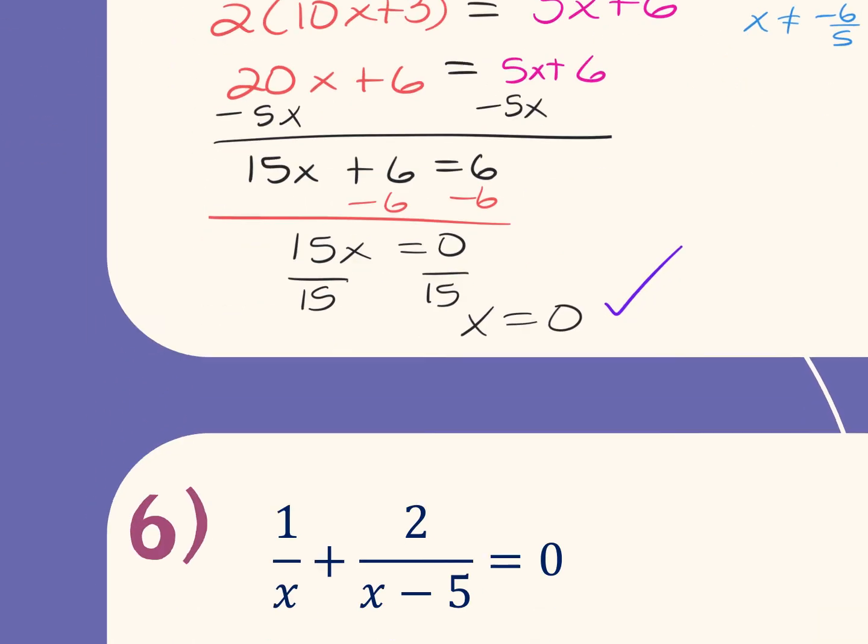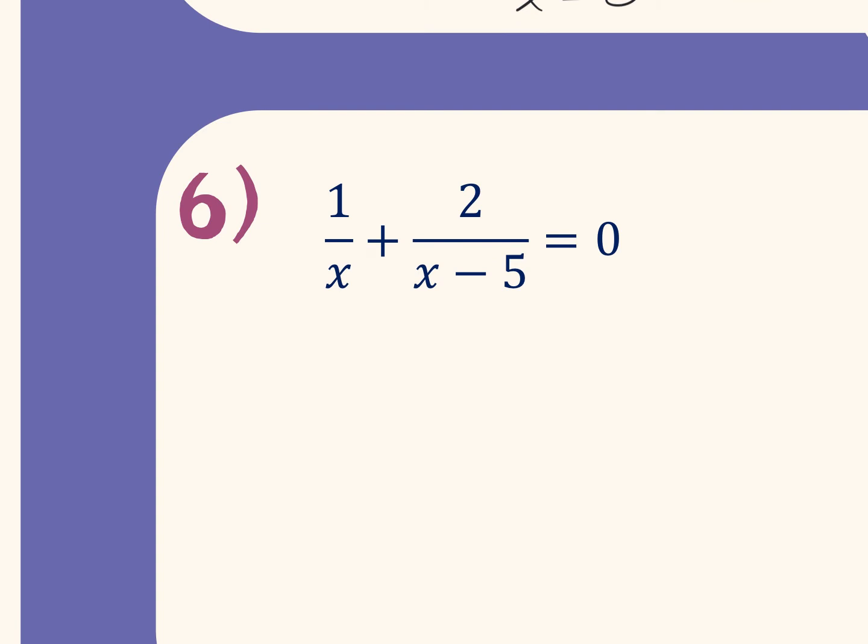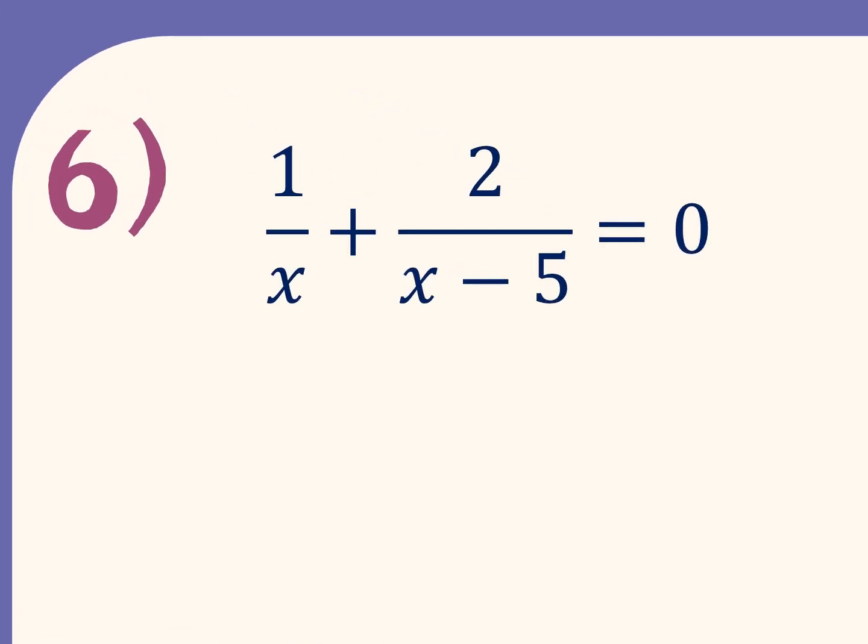All right, number 6. I need to find the common denominator. Remember, I can't just say, oh, I'm just going to add a minus 5 here. It doesn't work that way. My common denominator is both of these. So I'm going to be multiplying all the terms by x times x minus 5.